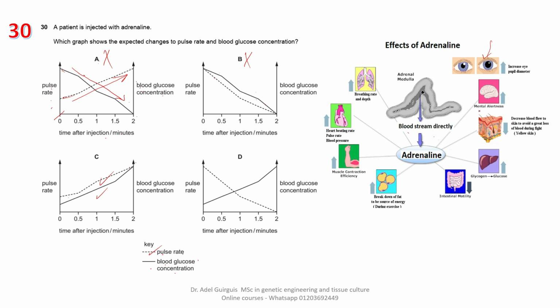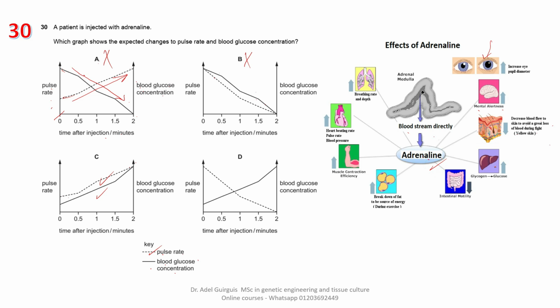Mental alertness increases for our brain. Blood flow to the skin decreases. The skin becomes pale, to avoid great loss of blood during a fight. This hormone is called the fight or flight hormone.